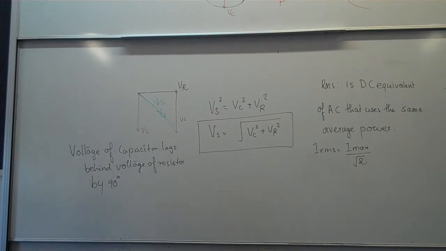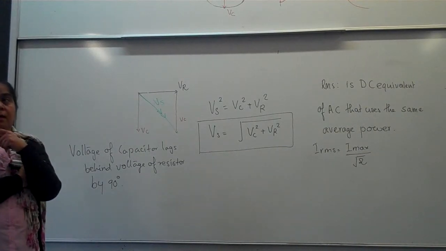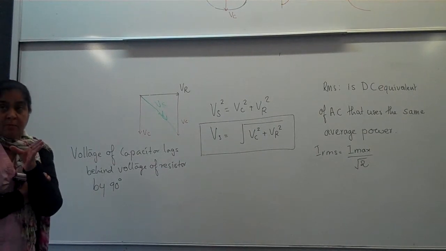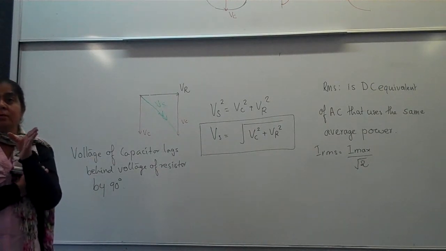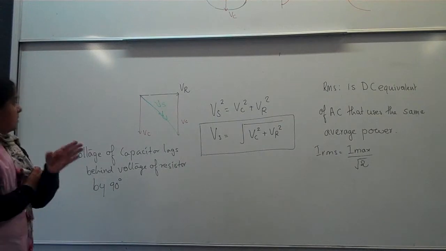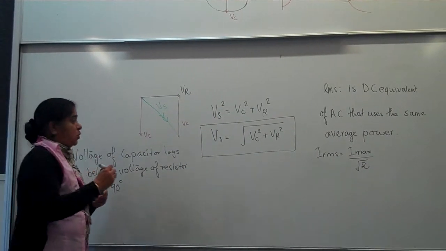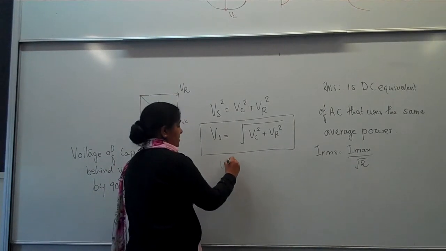One more thing to remember here, and that comes quite often as a question, 99.9% it comes. When you're drawing the phasor diagram, sometimes they ask you, where is the current phasor?